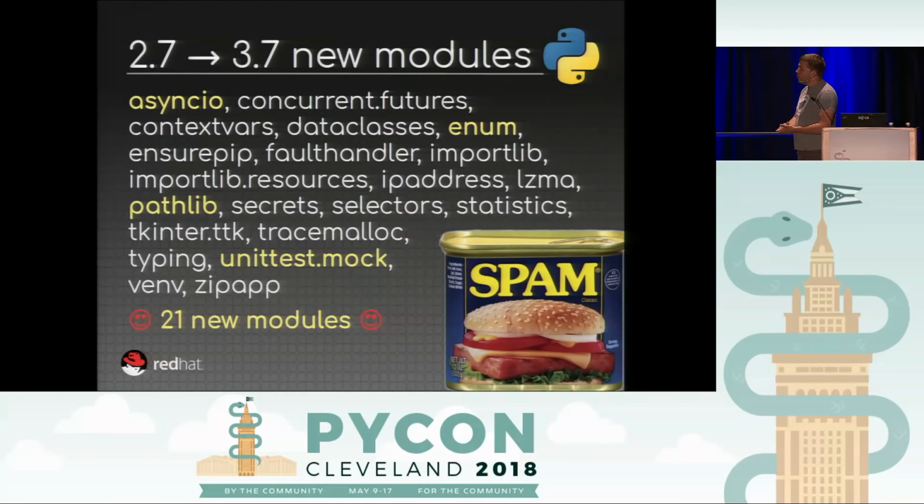And again, about Python 3, you have to know that we added a lot of new features. Just to give you an overview, we added not less than 21 new modules. That's a lot. I will not read the full list, but to give you some examples, there is asyncio, which is a great module to write asynchronous code using async and await keywords.